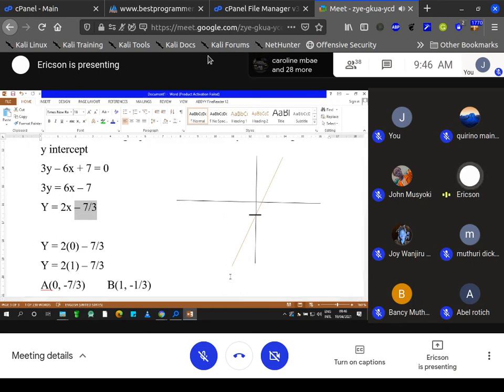We can also have the x-intercept. You'll draw this graph in your own free time. Basically, what is remaining here is just drawing the points.